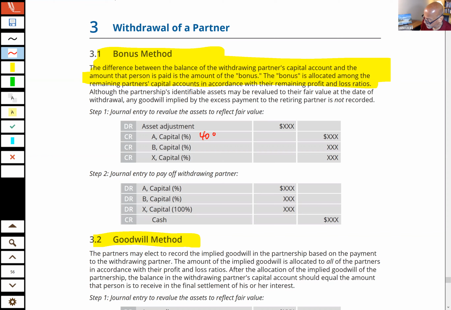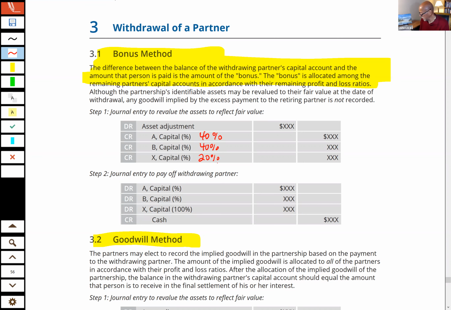I'm going to assume that A partner has 40%, B partner has 40%. And so X partner now only has this 20% that's left. That totals up to 100%, right?